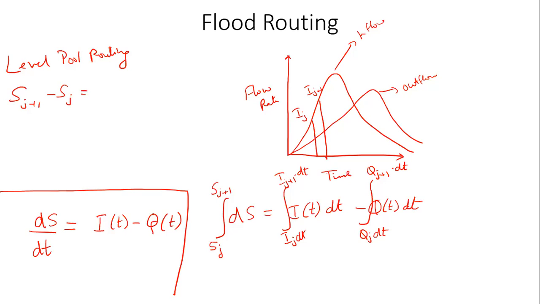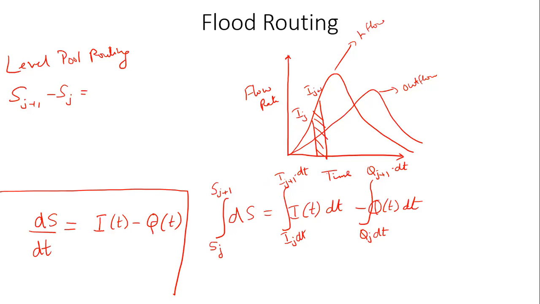Ij plus Ij plus 1 upon 2 into dt. Everybody agrees? What is this integral? This integral is simply the area under this curve between these two lines. So it's basically this portion, right? At time step j, the incoming flow rate is Ij, and at time step j plus 1, it is Ij plus 1.